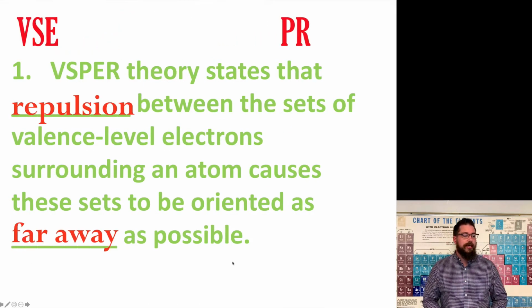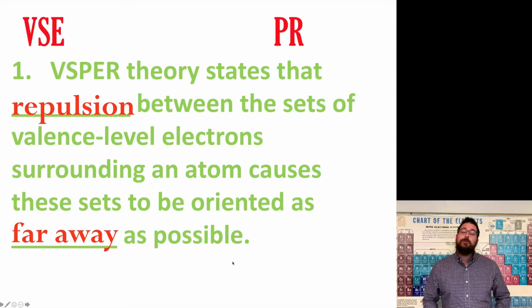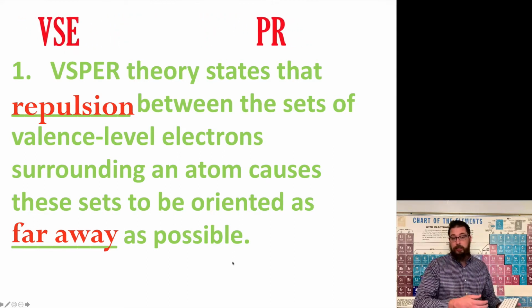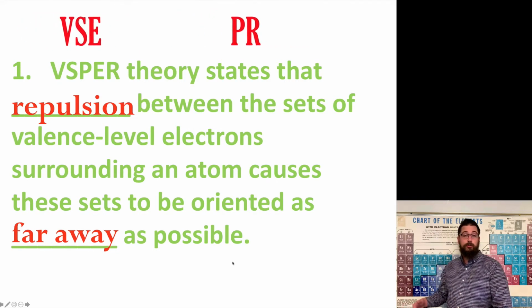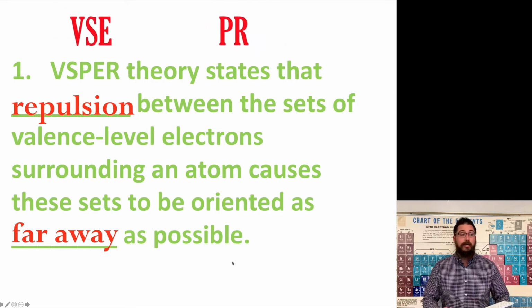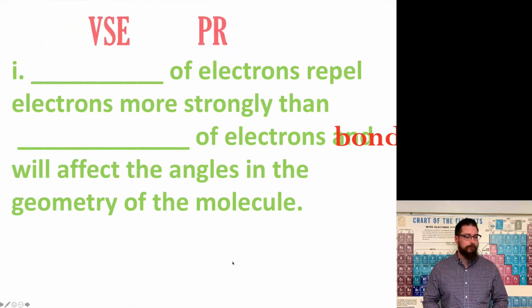VSEPR theory states that repulsion between sets of valence electrons surrounding an atom causes these to be oriented as far apart as possible. So again, the electrons in bonds repel the electrons in other bonds, or they repel lone pairs, so that they are all as far away as possible.